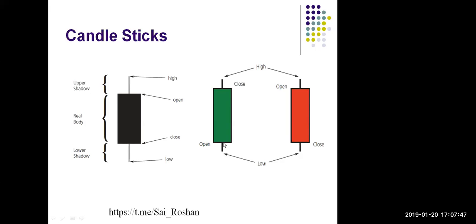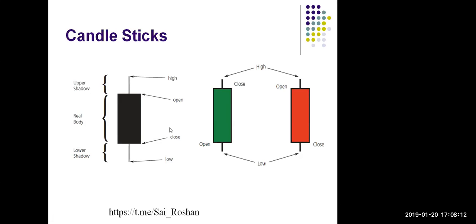When it opens in the morning, it opens here, and it has a close. It would have reached a higher price, and that is shown by this small line here. We call it either a shadow or a wick. So you can have an upper wick, which talks about the high value, and a lower wick, the lower part, which talks about the low value of the day.